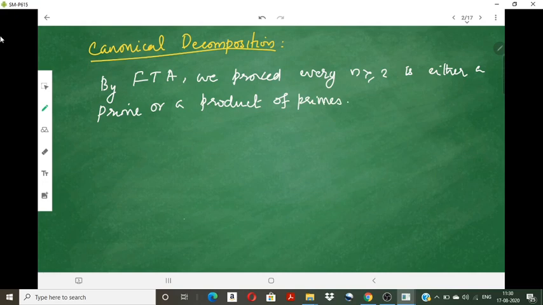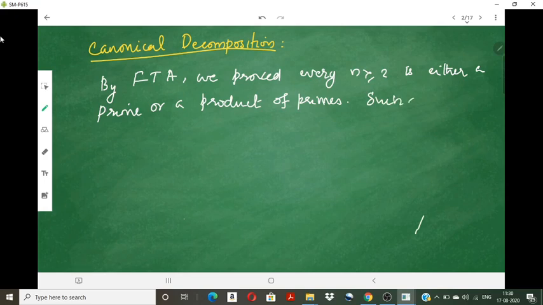A product of primes. And such a factorization of a composite integer into a product of primes is called a prime factorization.